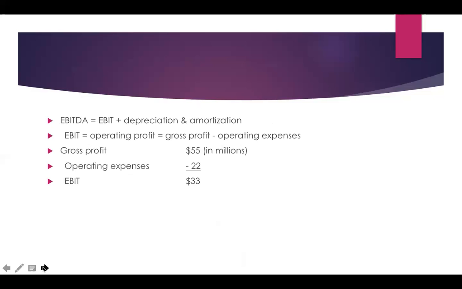We also know that our depreciation and amortization figure in this problem was $6 million. So we add that 33 and the 6, and we get an EBITDA figure of 39.